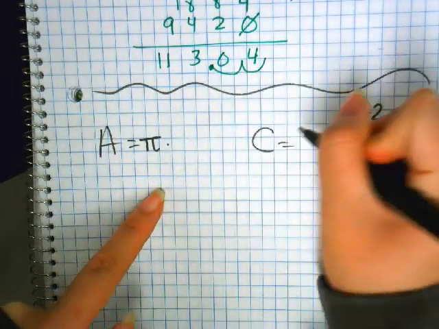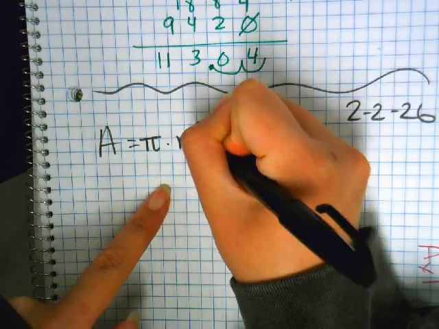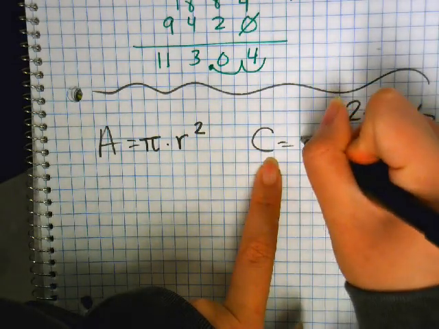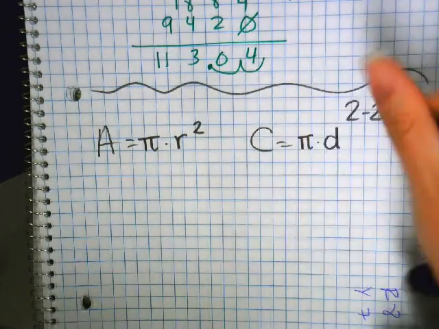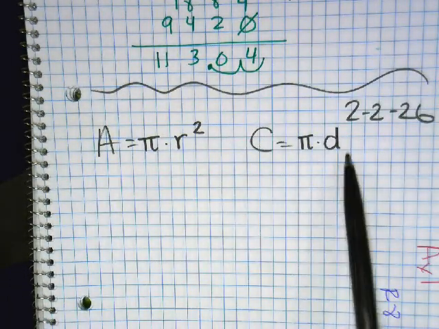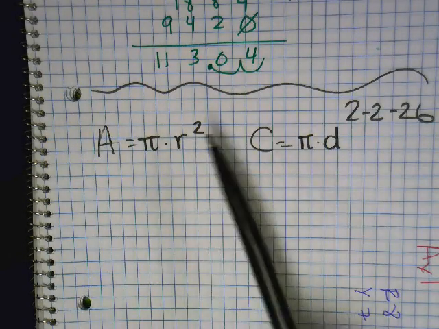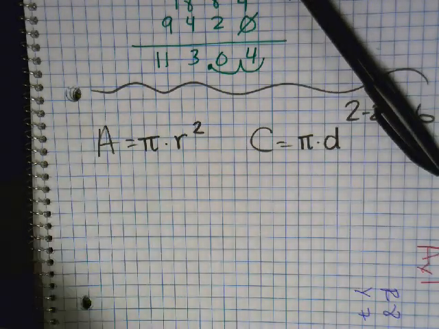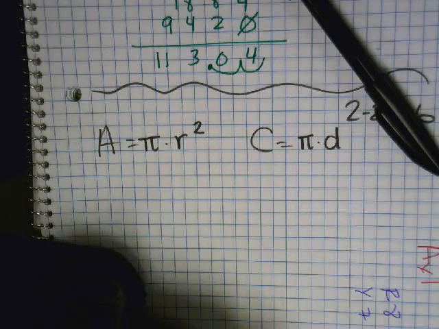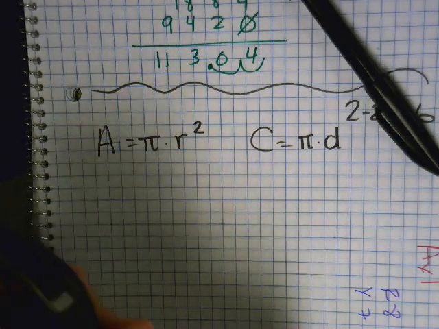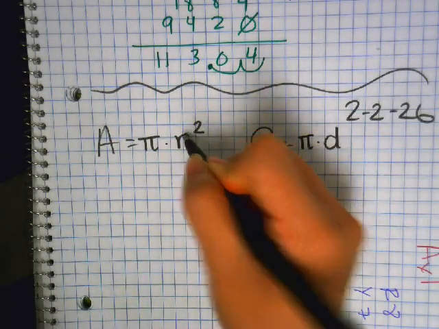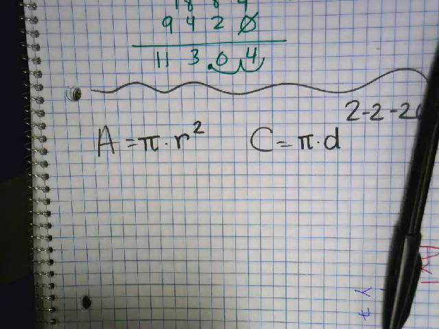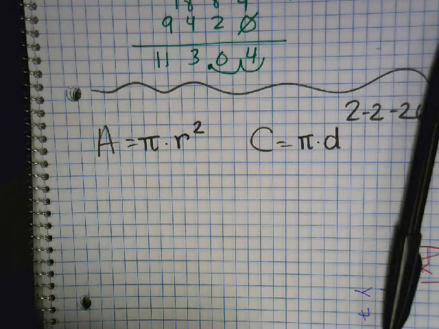Apple pies are squared and chocolate pies are delicious. So you have to remember which one has your R and which one has your D. Area, apple pies are squared, and circumference, chocolate pies are delicious.